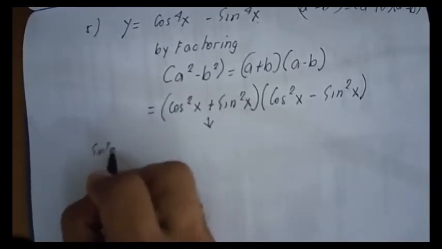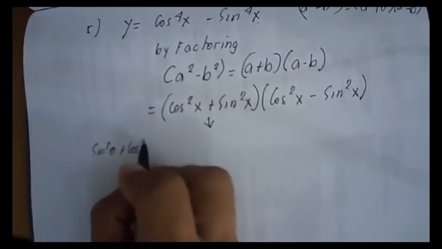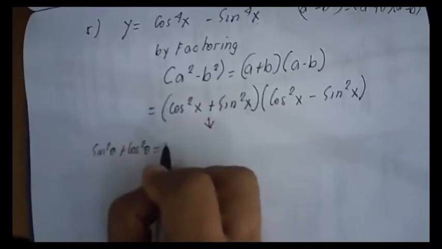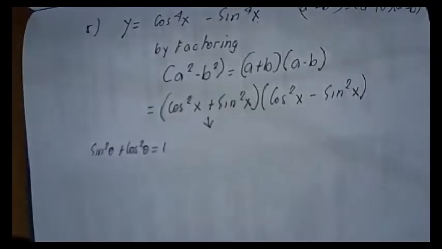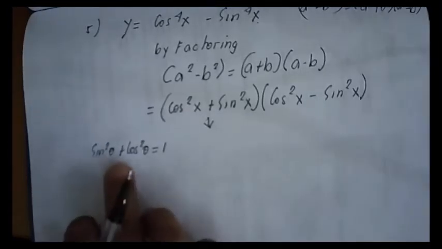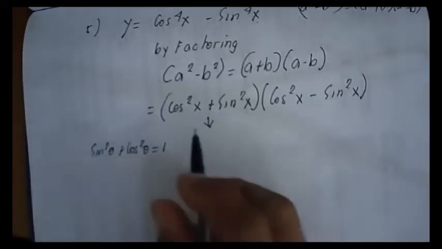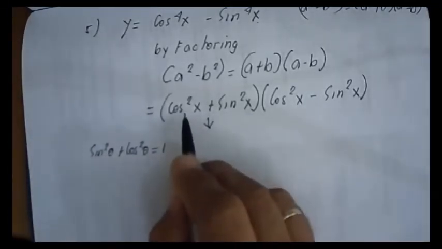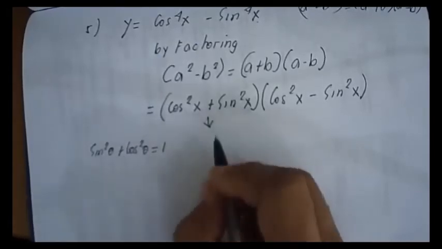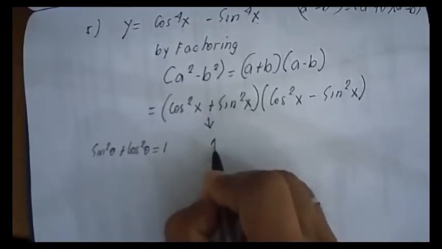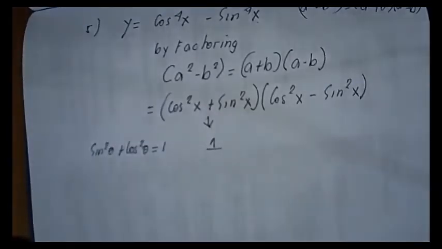So, sine squared theta plus cosine squared theta is equivalent to 1. Okay? Doon sa proving identities na discuss ko kanina bago tayo mag-solve ng problem. Okay? Sine squared theta plus cosine squared theta is equivalent to 1. So, ibig sabihin, ang value nito, cosine squared x plus sine squared x is the same as 1.